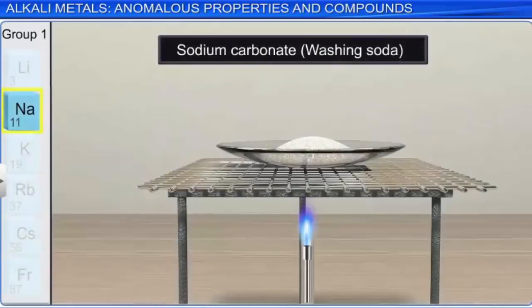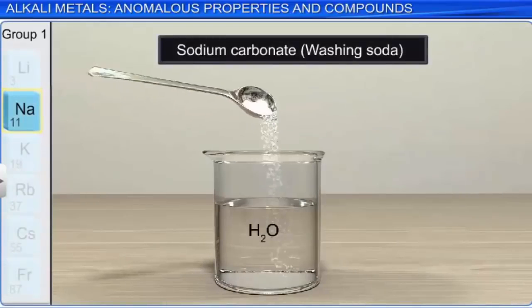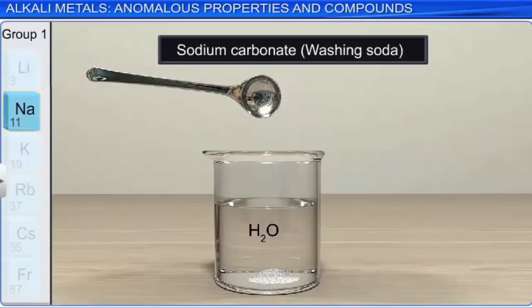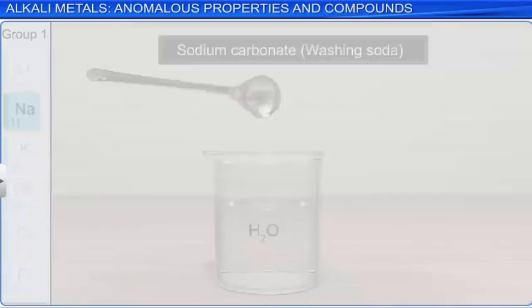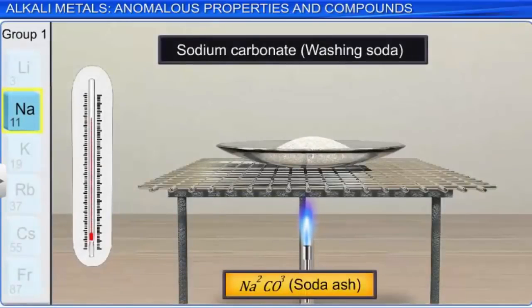When heated, 9 of the water molecules of crystallization are typically removed, forming the monohydrate salt. Sodium carbonate is soluble in water, forming a colorless, clear solution. Above 373 Kelvin, it forms an anhydrous salt called soda ash.